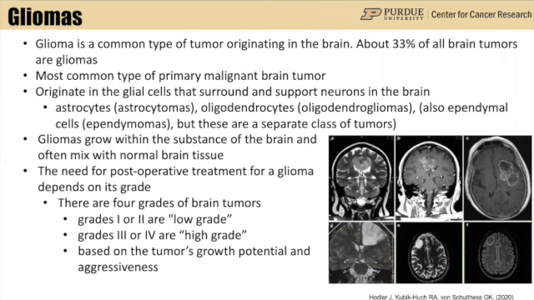There are 4 different grades of brain tumors, and once an operation is performed to remove the mass from the brain, the need for treatment after this procedure depends really on the grade of the tumor.